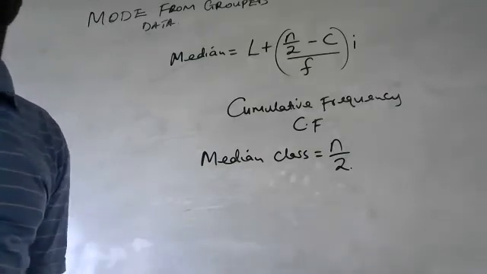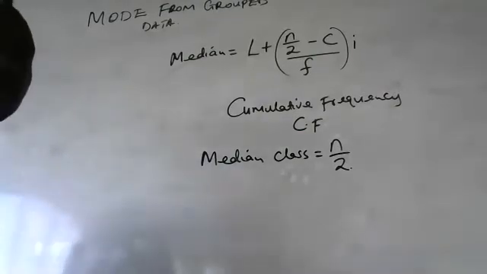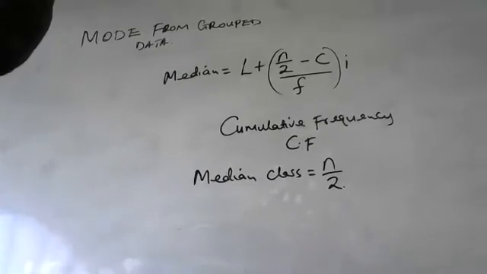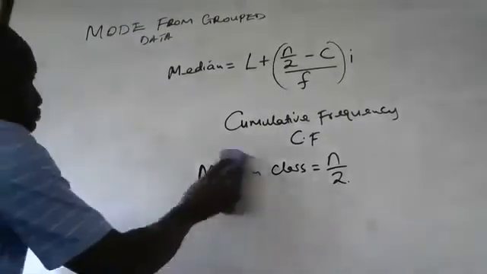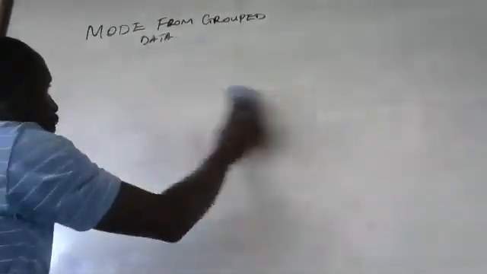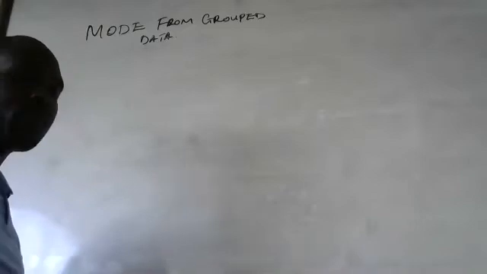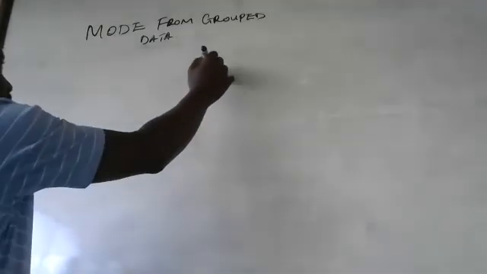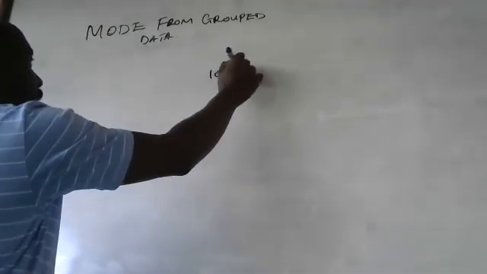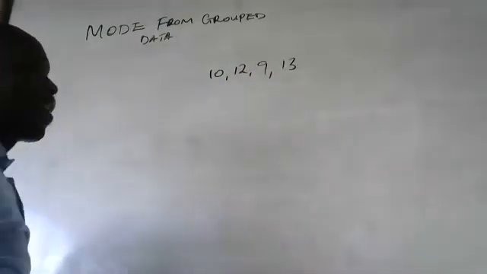So in this particular class, our focus will start by knowing how we can calculate the mode of the grouped data. Remember again, we have got 2 types of data. I said we have got the ungrouped data where the values are just listed like that. This is an ungrouped data.